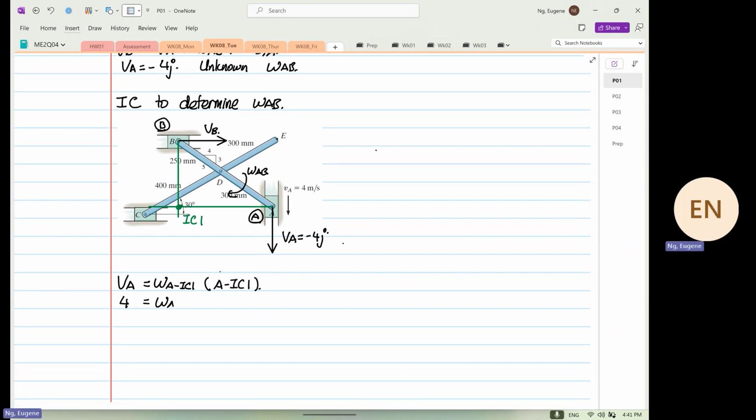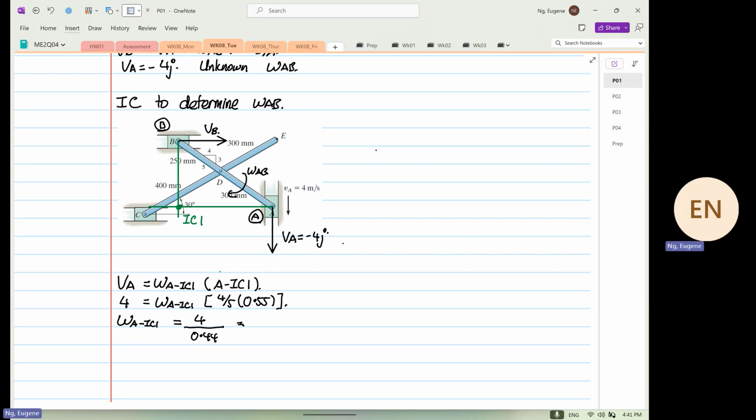Omega A IC is what we want to identify. AIC1, so this is what? 4/5, let me write square bracket, 4/5 multiplied by 0.55. So omega A IC1 is equal to 4 divided by 4/5 multiplied by 0.55, which is 0.44.